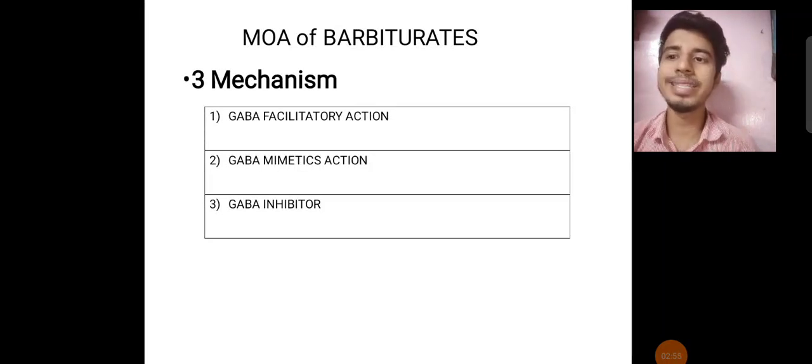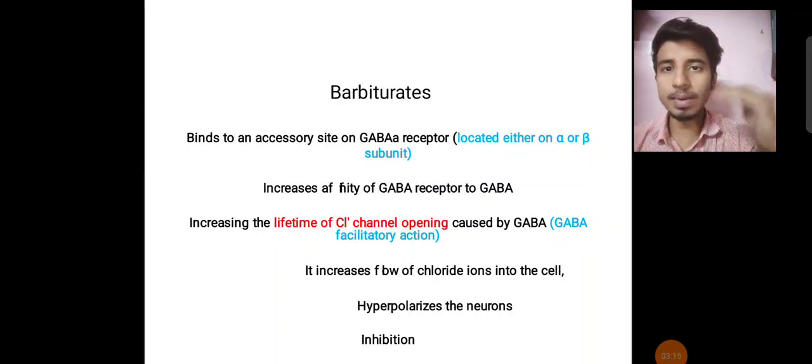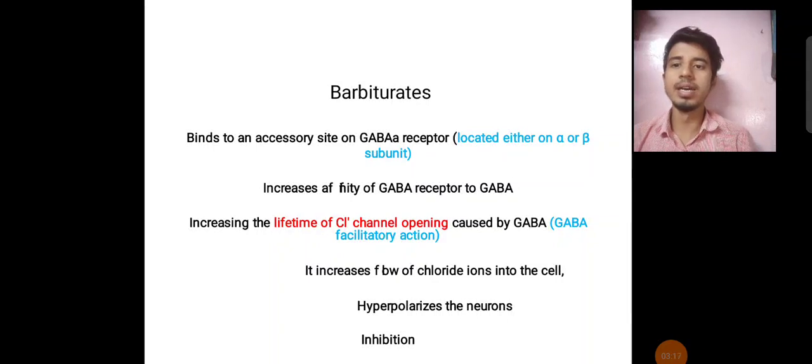First of all, the GABA facilitatory action. What is it? Barbiturates bind to the GABA receptor on its alpha and beta subunits, increase the affinity of the GABA receptor, which increases the duration of chloride channel opening, causing GABA to facilitate its action. Chloride comes in through the chloride channel, hyperpolarization occurs and the inhibition takes place.